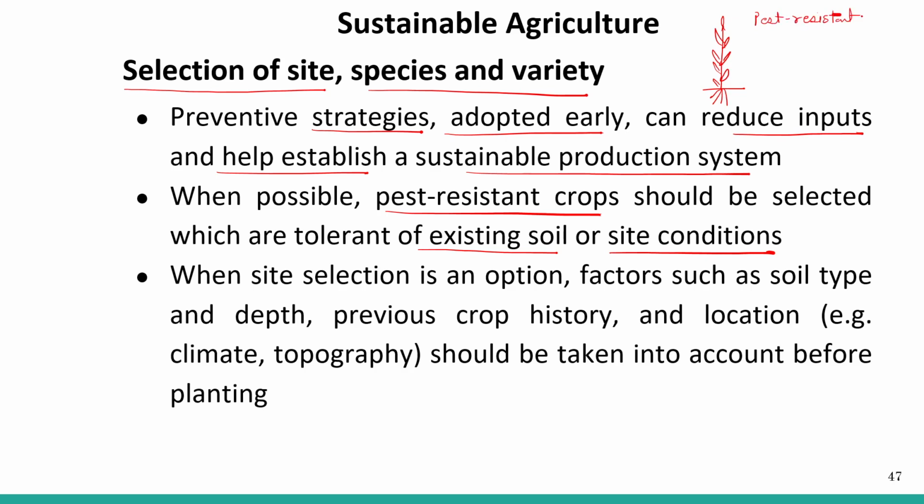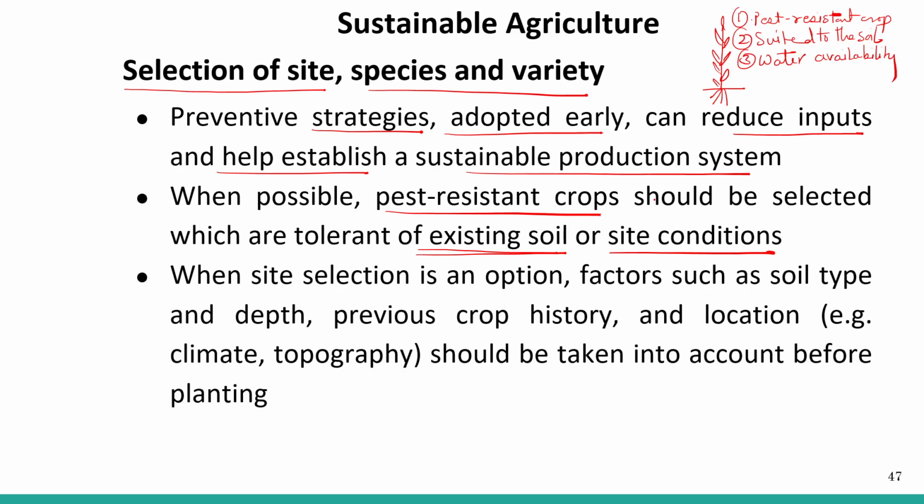Then, what is your existing soil? It must be suited to that soil. It must also be suited to the water availability. What is the water availability? We know. So, suited to the water availability.